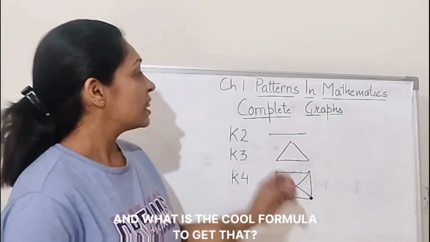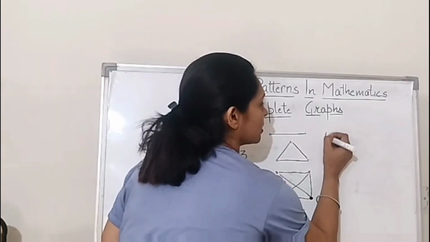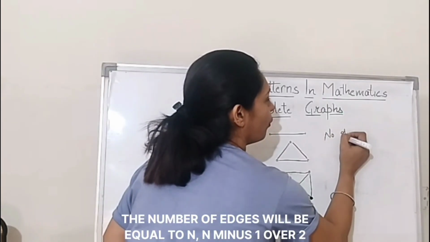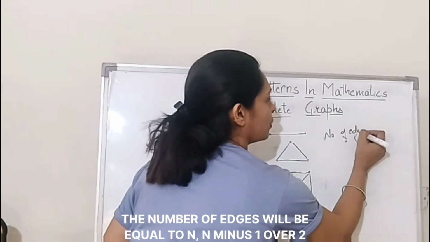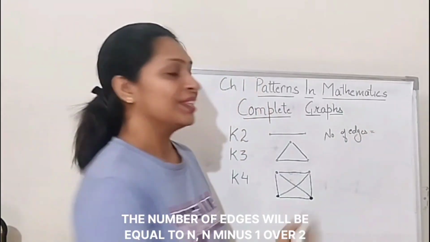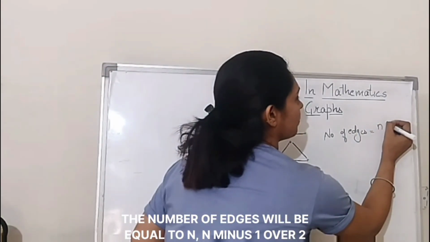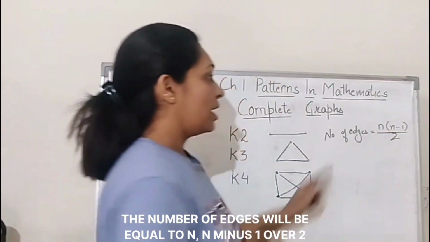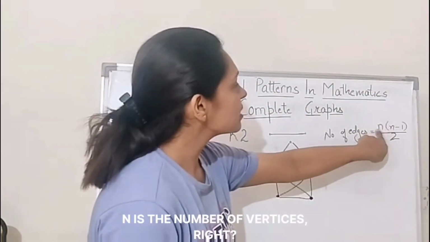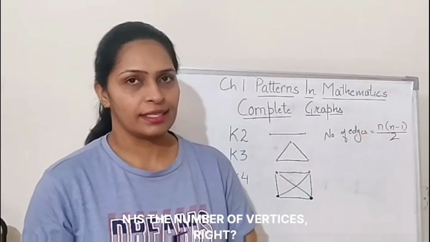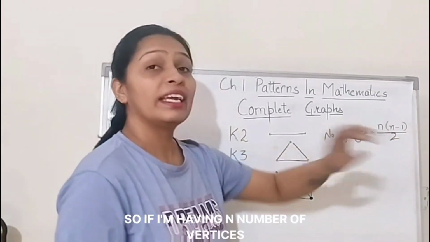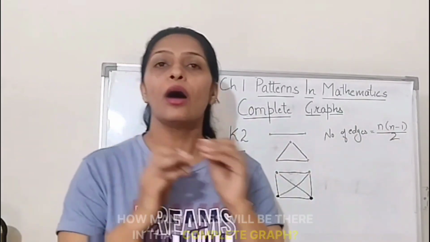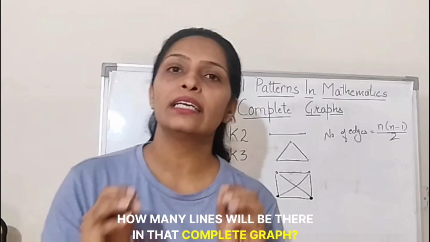The number of edges will be equal to n times n minus 1 over 2. What is n? n is the number of vertices, right? So if I have n vertices, how many lines will be there in that complete graph?